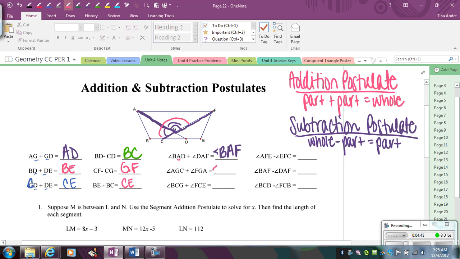So it ends up being angle CGF. And then the last one here, we take the part BCG and we add to it FCE. Again, we're looking at this entire angle here because we took the two parts and added them together. So we're looking at BCE.